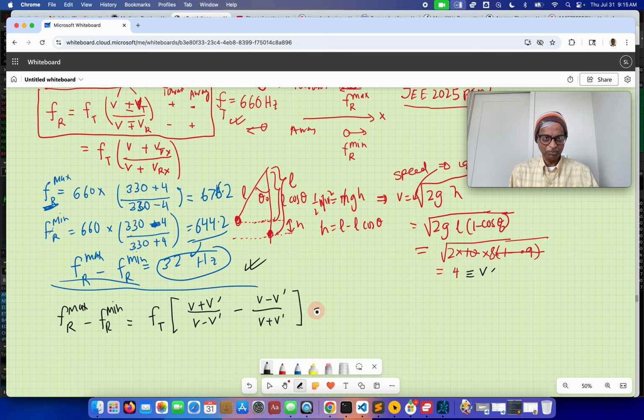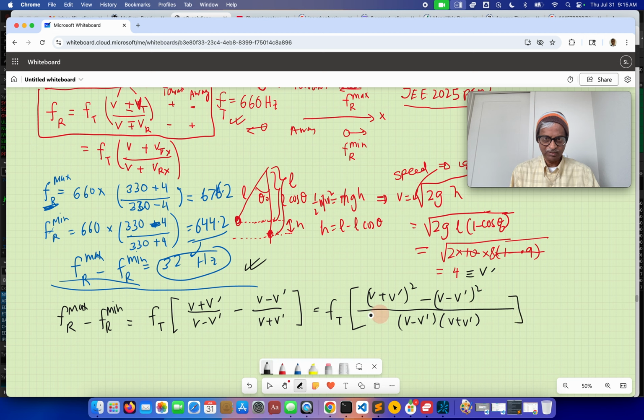And I want to first simplify before I put the numbers in. So for the denominators, multiply V minus V prime, V plus V prime, and the numerator becomes V plus V prime squared minus V minus V prime squared. The denominator is V squared minus V prime squared. This is 4V prime.